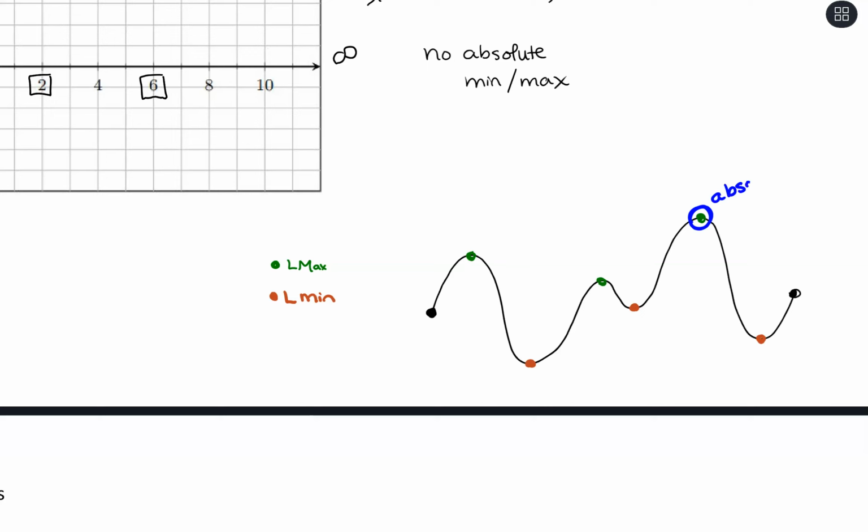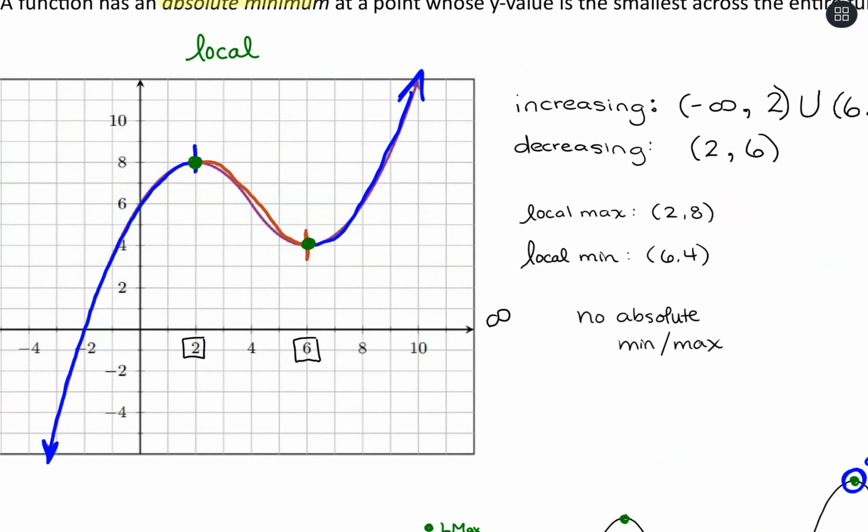So that coordinate right there would be my absolute maximum. And then my absolute minimum would be the absolute smallest value, which would be right here. Now for absolute minimums and maximums, those end points, the beginning and end of the graph, could be our values. It's just looking at the graph. What's the absolute highest value? What's the absolute lowest value?